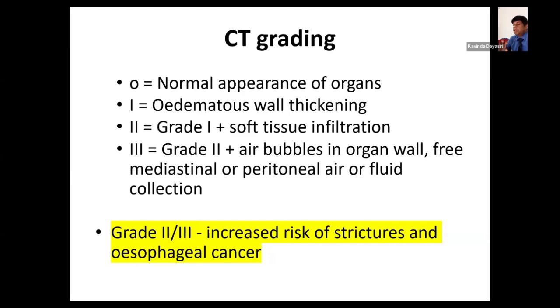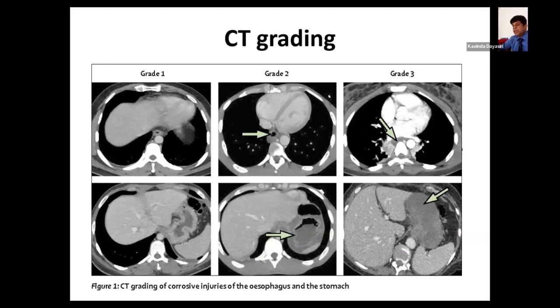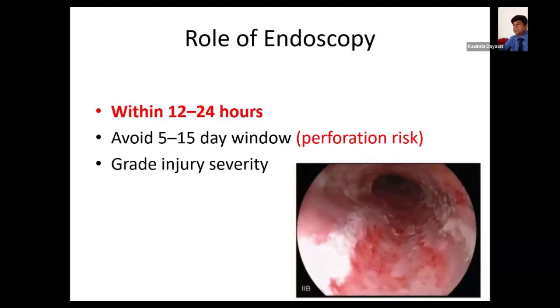Grade 2 and grade 3 indicate increased risk of stricture, serious damage, as well as later long-term risk of esophageal cancer. So you see in this image the CT showing corrosive injuries to the esophagus. In the arrows, you see the esophagus, mucosal damage as well as transmural evidence of necrosis; tissue damage can be understood.